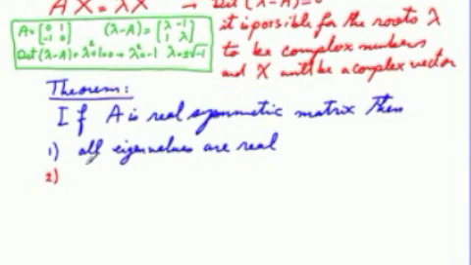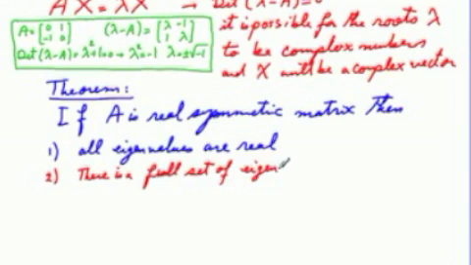You have a full set: all eigenvalues are real, and there is a full set of eigenvectors.